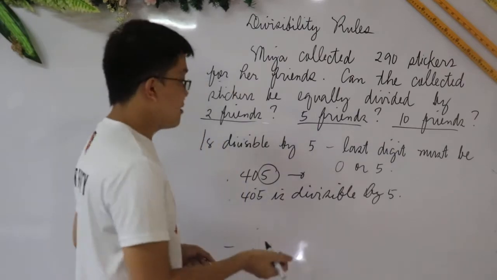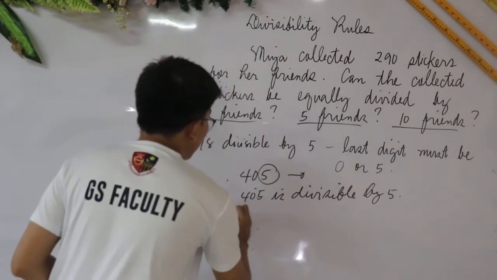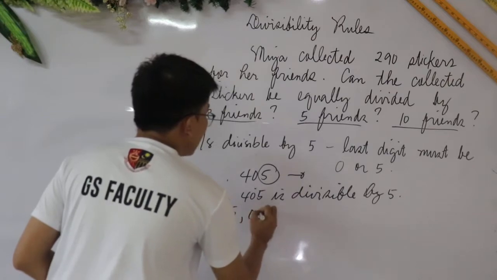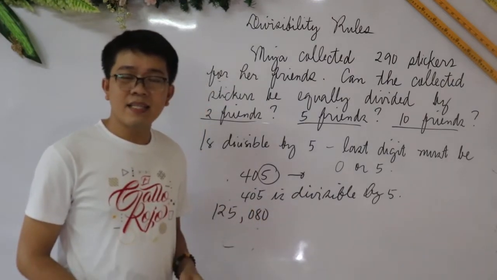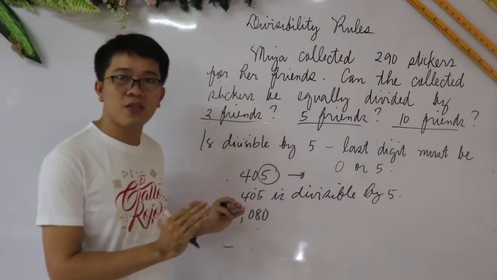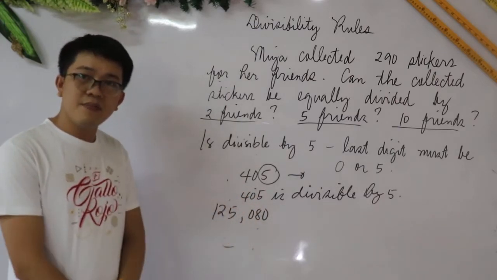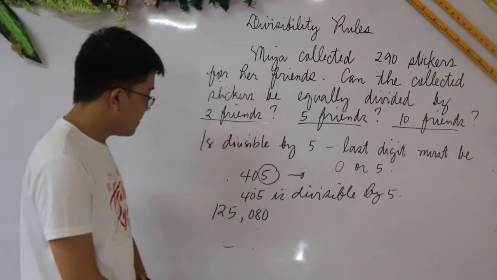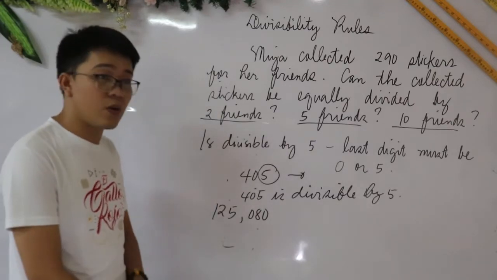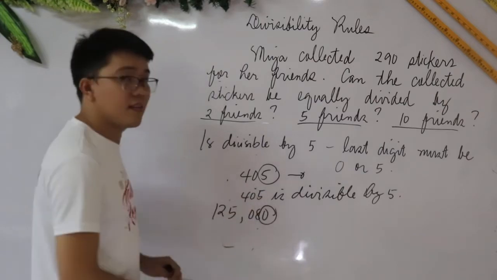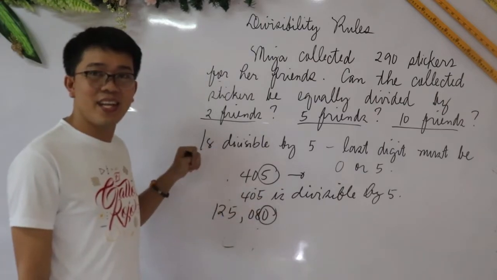Another example, 125,080. Let's pause for a moment and try to check if this number is divisible by 5. The last digit is, definitely, 0. Does it satisfy the condition?